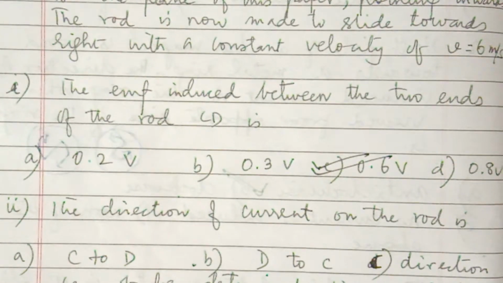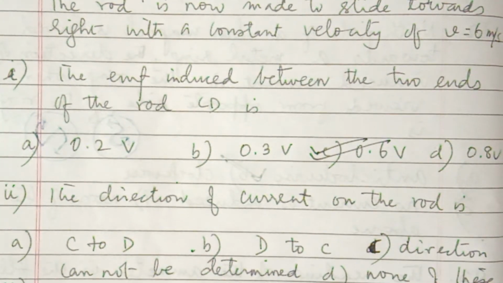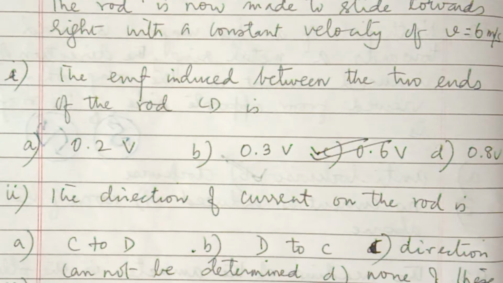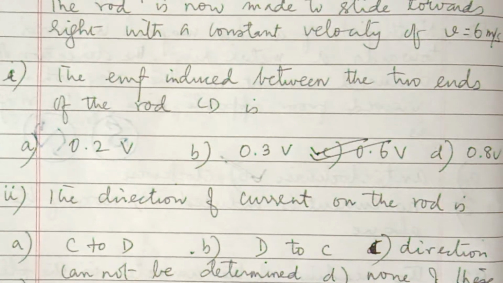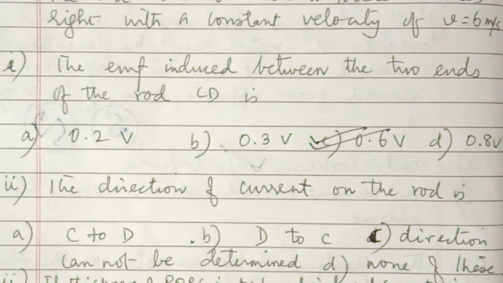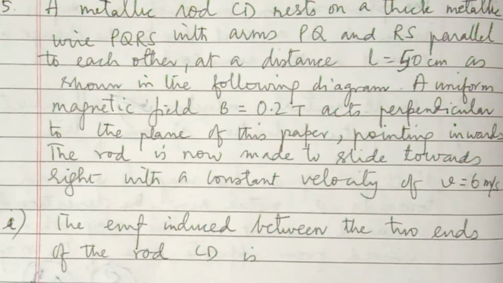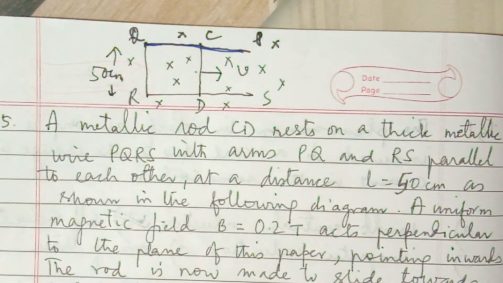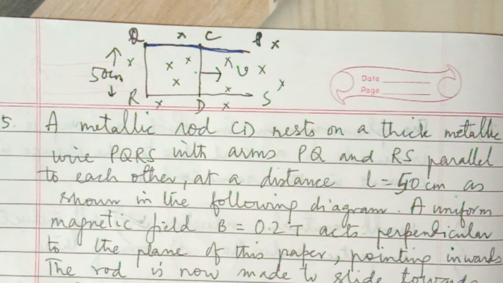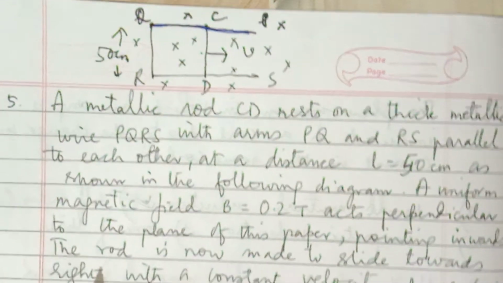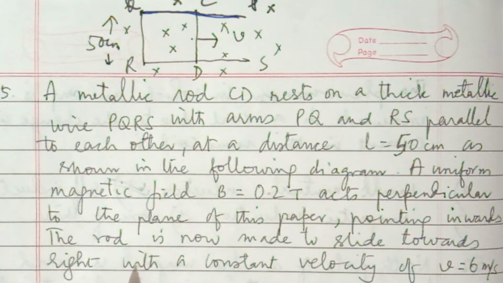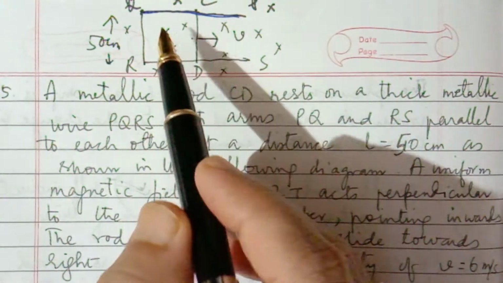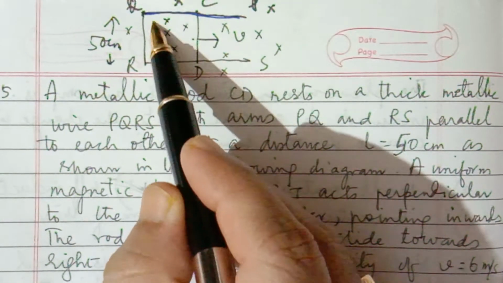Next question is the direction of current on the rod: C to D, D to C, direction cannot be determined, or none of these. Here current is induced because of change in flux. Why is flux changing?